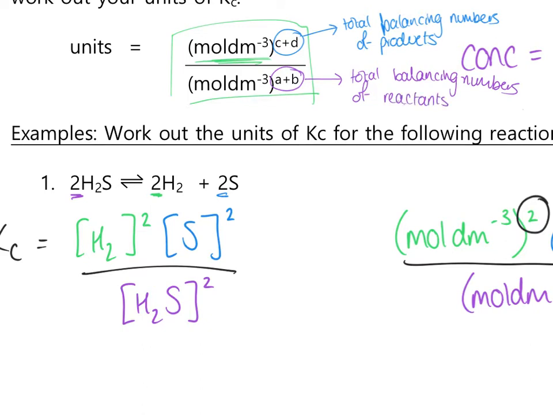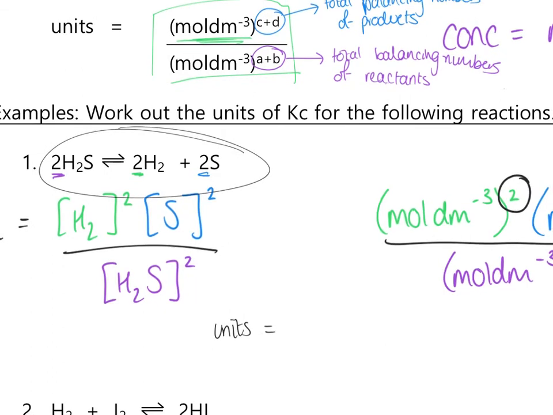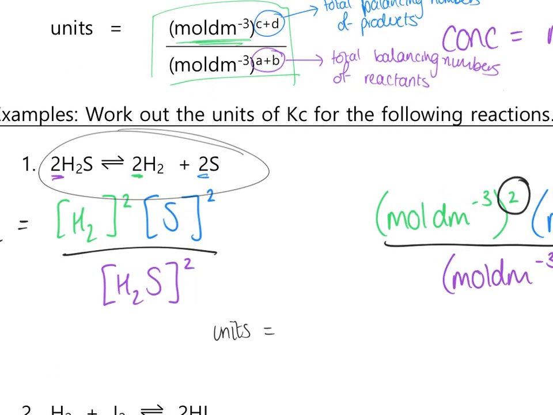Okay, so what that means is, if we're looking at my equation here, the units of Kc are going to be moles per decimeter cubed to the power of c plus d.